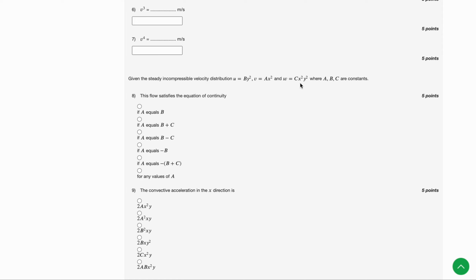So that means the left hand side is always 0. So it will satisfy the continuity equation for any arbitrary A, B and C.